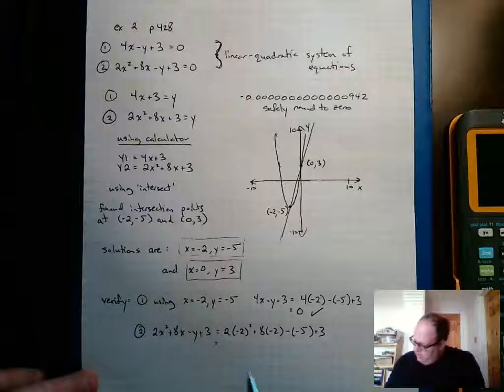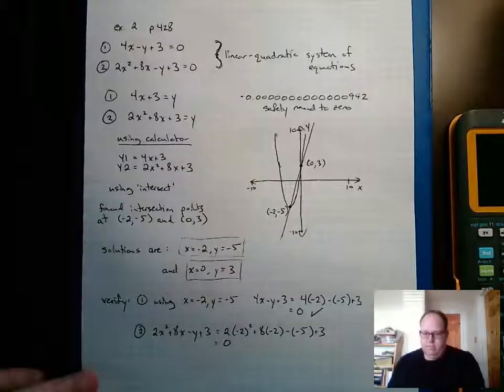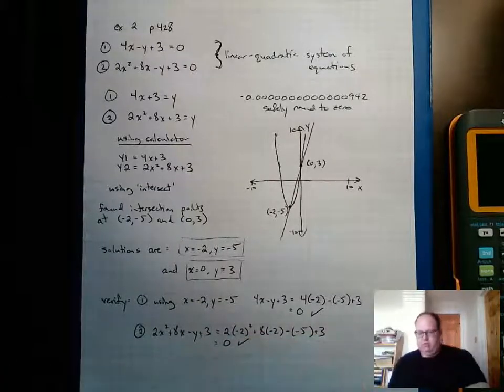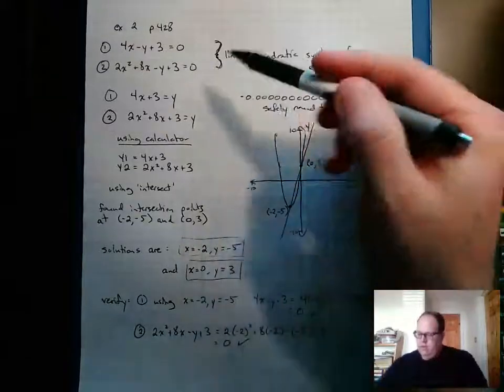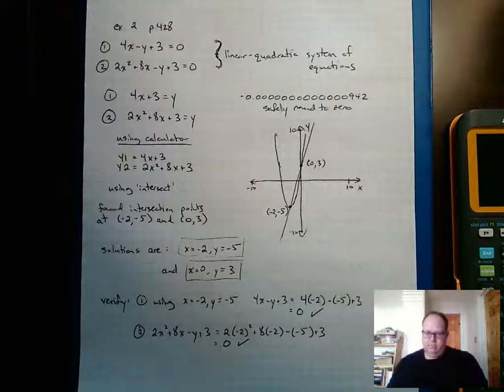And if I work that all out, I have 8 minus 16 is -8, minus -5 is -3, plus 3 is 0, which also checks out to what it's supposed to be. Each of these were supposed to work out to 0, and each of these did work out to 0. So that is a basic system of equations solved graphically sort of deal.